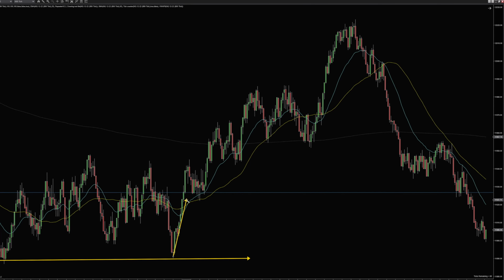So we saw that first initial move, right, and then a pullback into the moving average, and look how the moving average bars are formed. Like you see bigger wicks, you don't see a strong price bar printed under the moving average. So if you see something like that, then it is not a good sign, like these. So you want to see the bars above the moving average, and then you want to see some wick also.